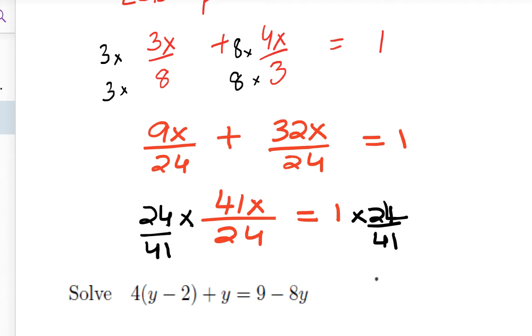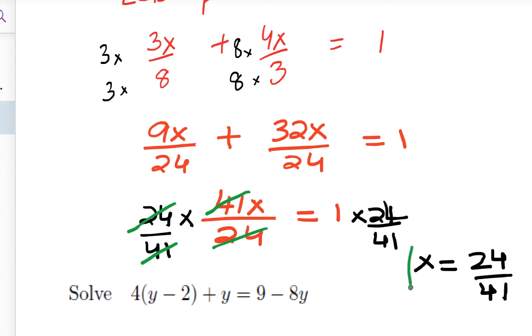We get that x equals 24 over 41. Now remember, these ones cancel out. Let me show that. So this 24 with this 24, 41 and 41. Remember, this is a multiplication sign, guys. So the final answer is 24 over 41. Okay, now let's look at another kind of example.